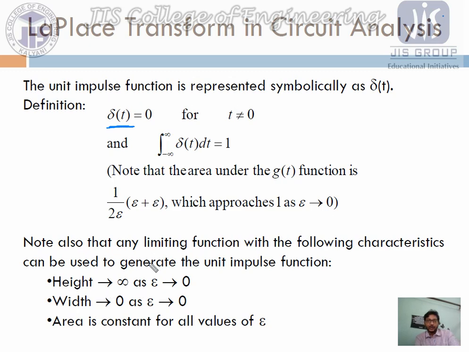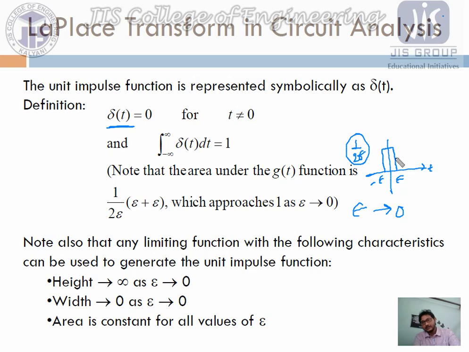The pulse starts at minus epsilon and goes up to plus epsilon, with time t along the axis. So the height is 1 by twice epsilon, as epsilon tends to 0.